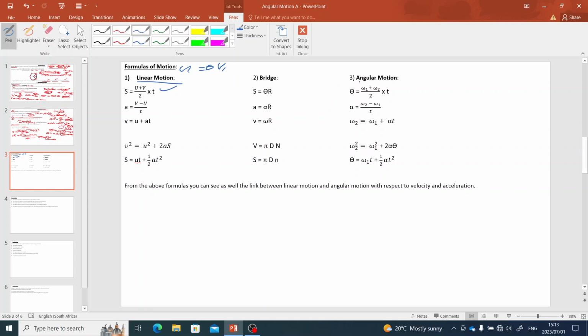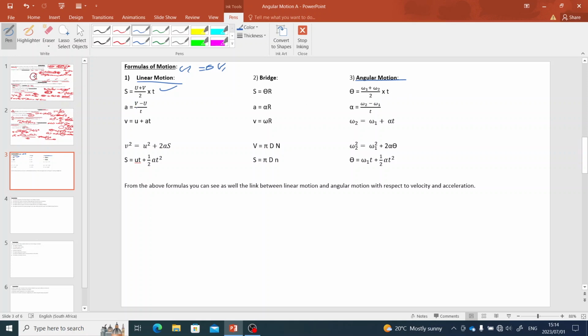When you go to angular motion, we said that displacement on this side is theta. The displacement on the linear is denoted as S; under angular motion, it is denoted as theta. Then for initial velocity, this side will have omega 1 plus omega 2, over 2, multiplied by time.